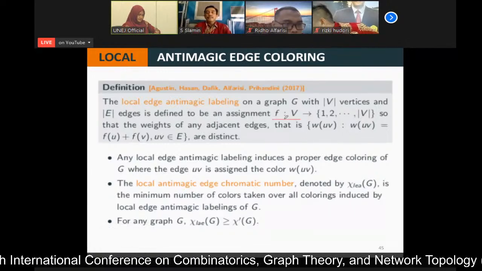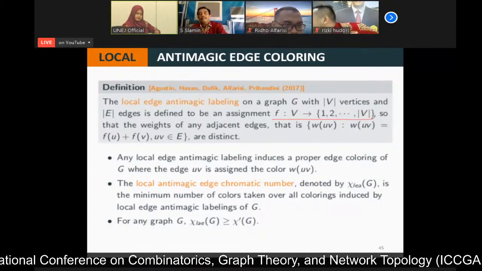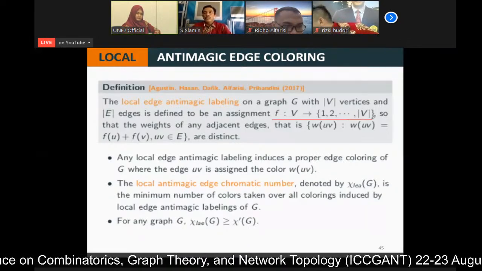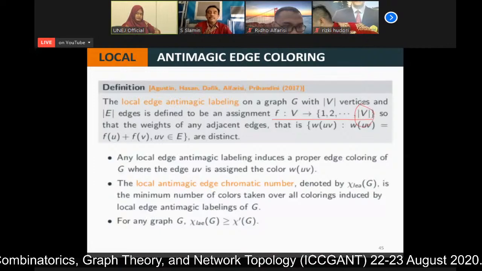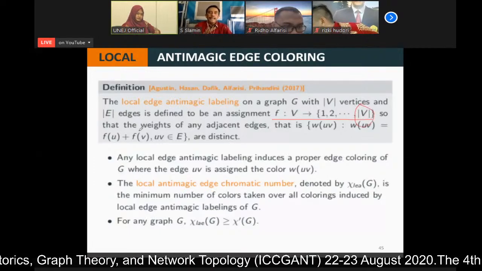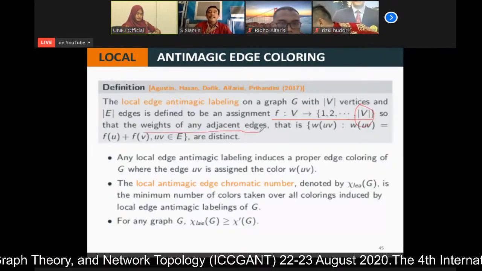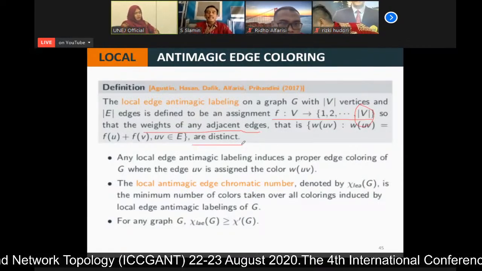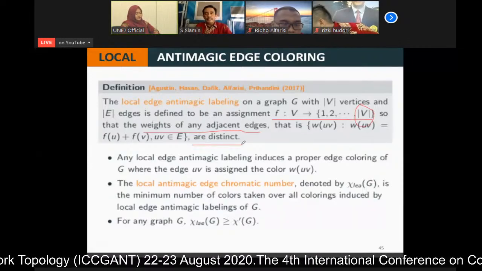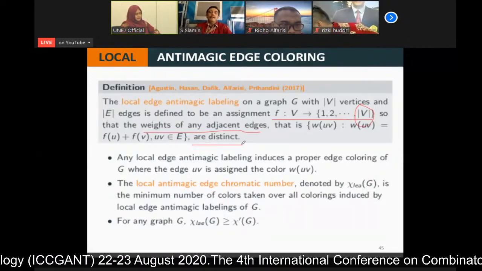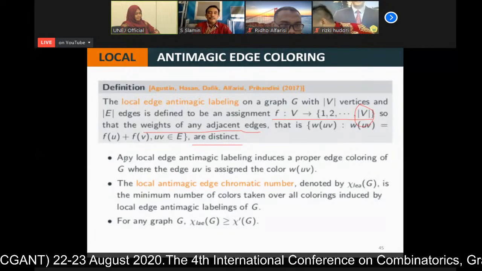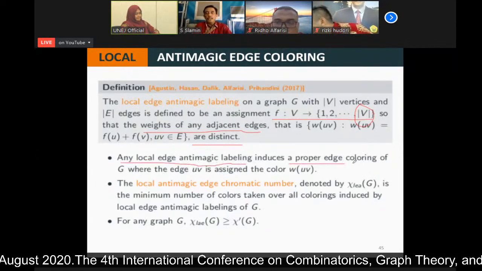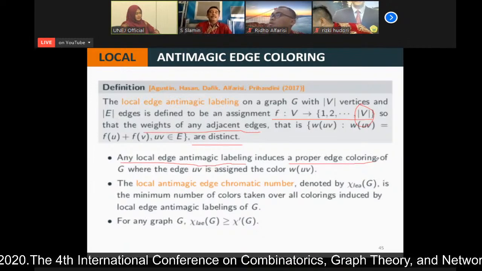So the map goes from V to the numbers 1, 2, up to the number of vertices, and the weights of any adjacent edges have to be distinct. So actually this is the same as the definition of edge coloring. That's why any local edge anti-magic labeling induces a proper edge coloring of G.